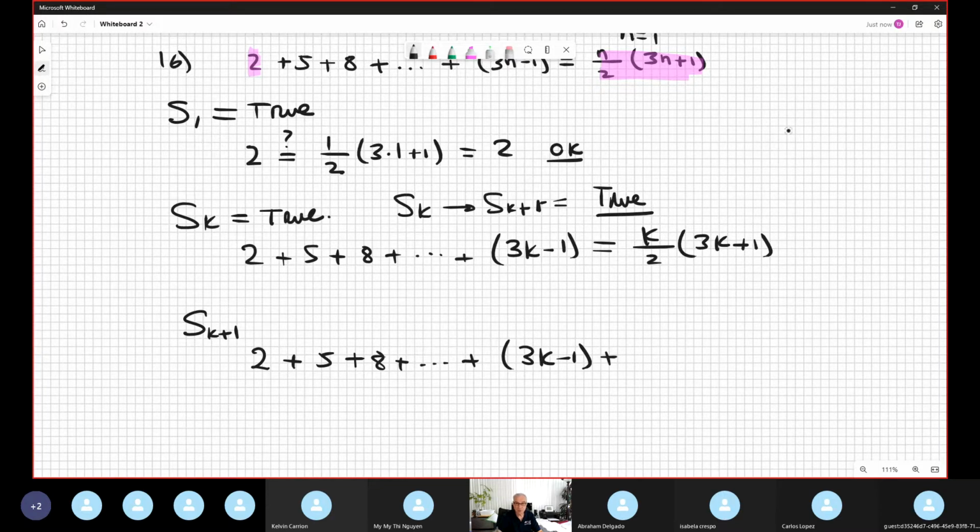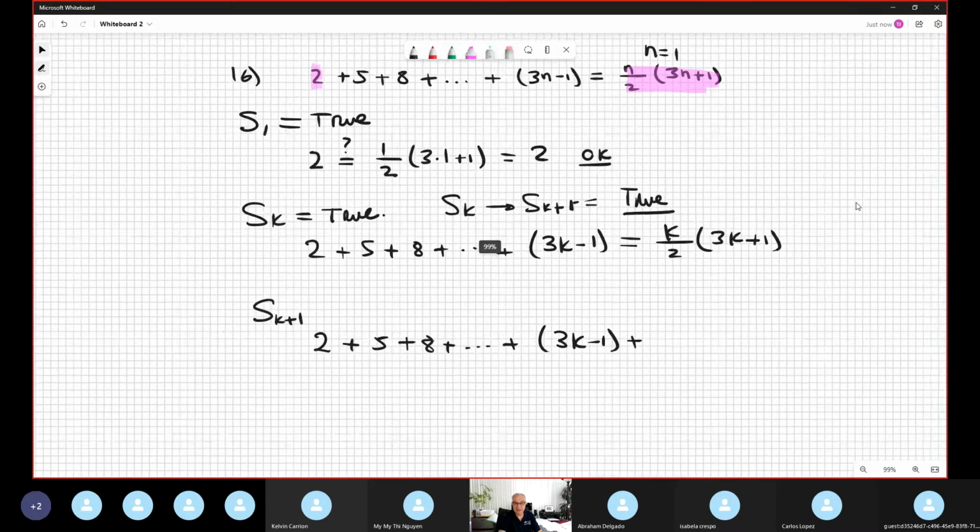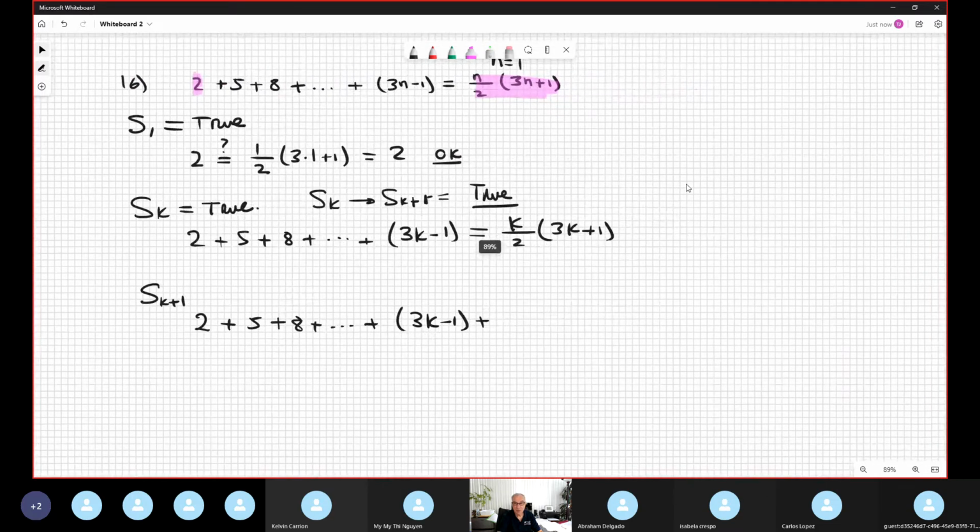But be careful, you only replace k with k plus 1. Let me copy here separately to understand this: 3 times k plus 1 minus 1. So I replaced k with k plus 1. When you distribute it here, you have 3k plus 3 minus 1, which is 3k plus 2. The next term is 3k plus 2.